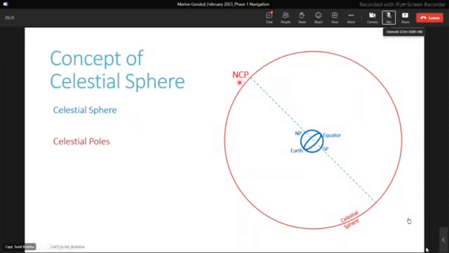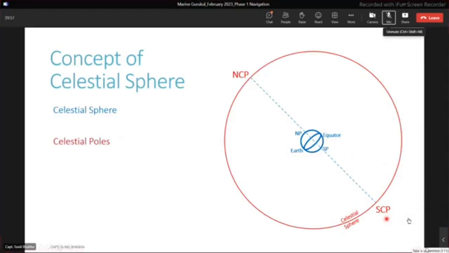Similarly, the axis of the Earth extended towards the South Pole of the Earth meets the celestial sphere at this particular location, and this is known as the South Celestial Pole. You have the South Celestial Pole marked on the diagram as SCP. So these are the two celestial poles which we use as our reference.